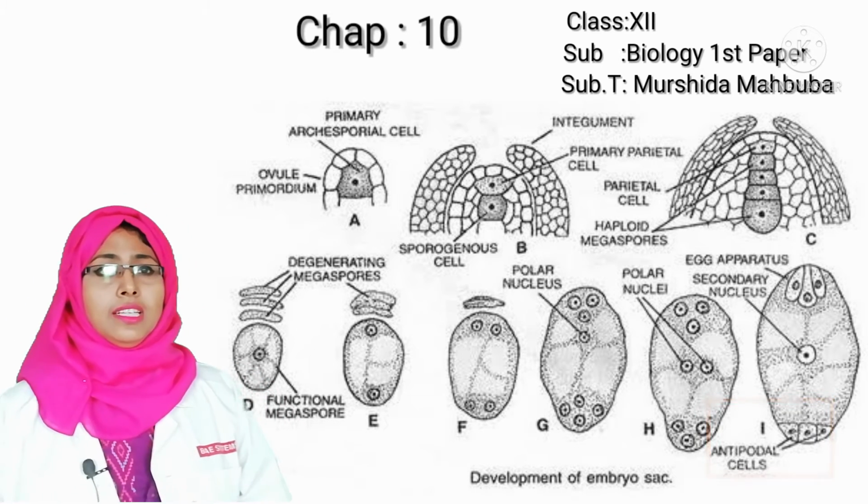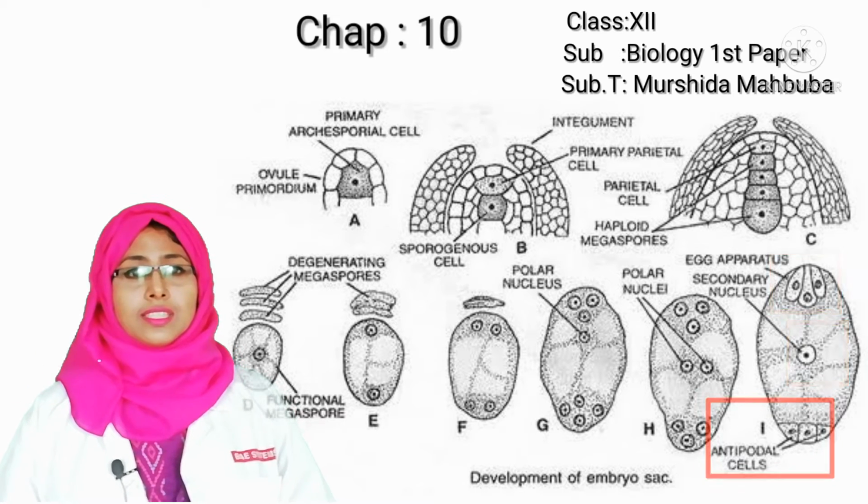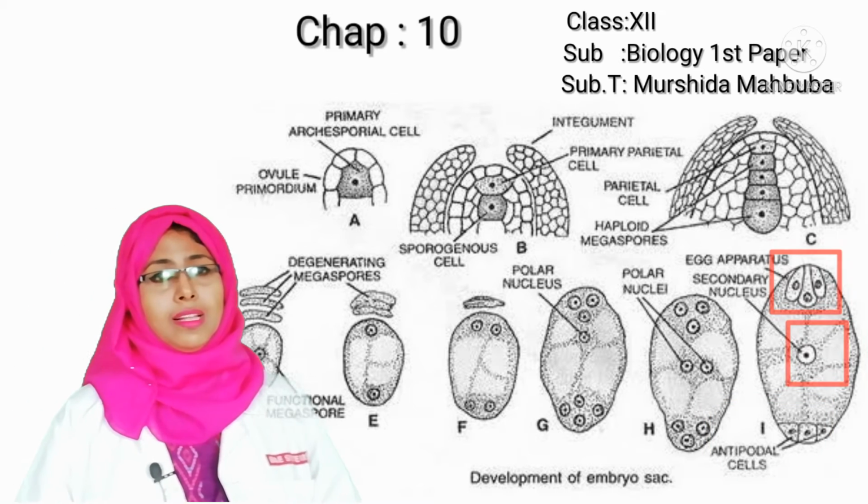A fully developed embryo sac with egg cell, synergids, secondary nucleus and antipodals is called the female gametophyte.